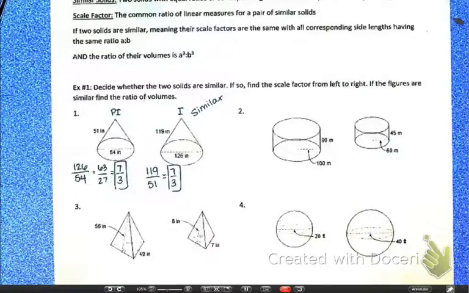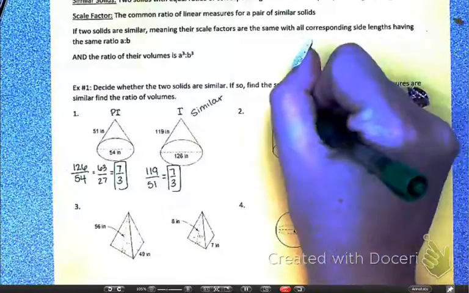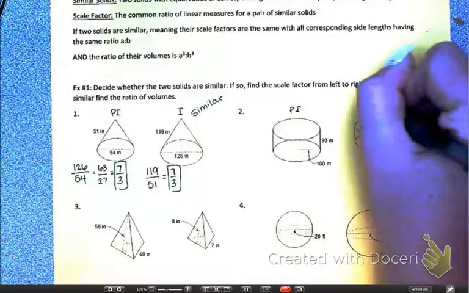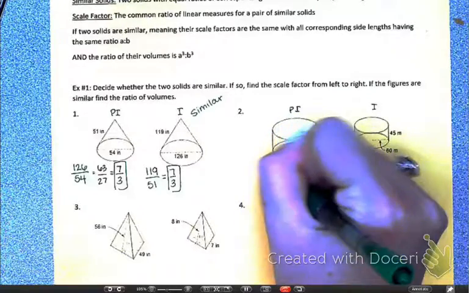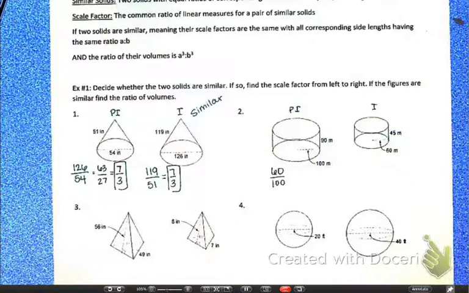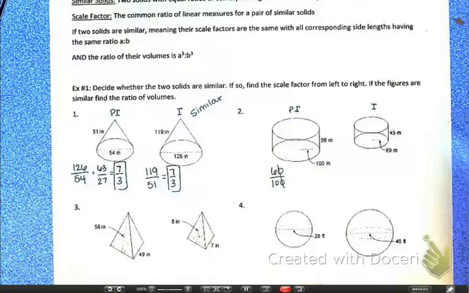Wait, what did we compare first? What did y'all compare first? The radius? Okay, so if I compare the radius, here's my pre-image, here's my image, I would have 60 over 100. You all know the trick where the zeros cancel out? Yep.